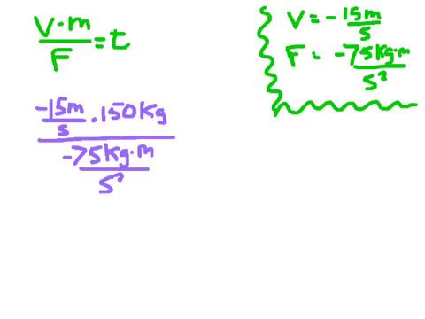Just so that you know, look what's going to happen here. Because I have two negatives, a negative divided by a negative is a positive. So whether I make those negatives or not right now, it's not going to matter. I can turn these both positive.